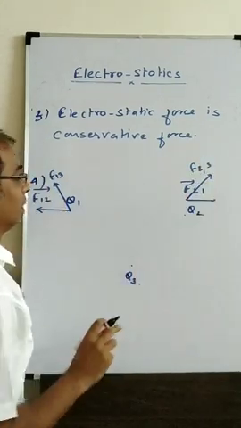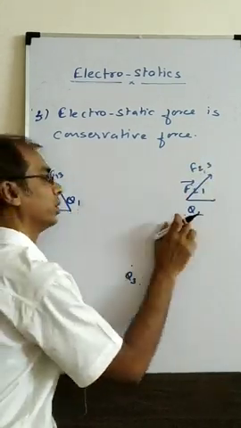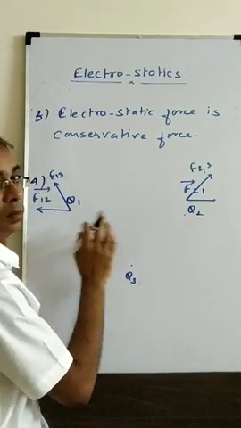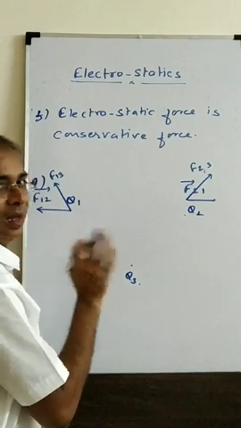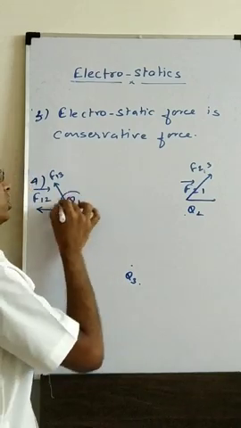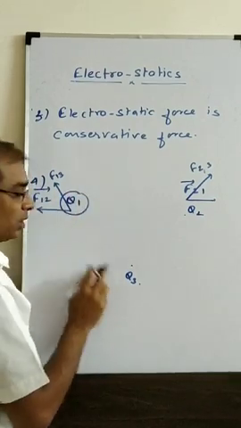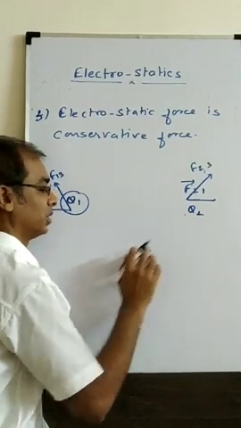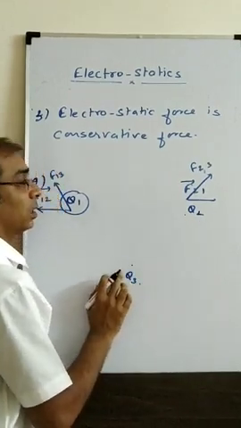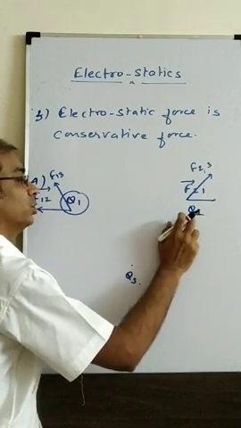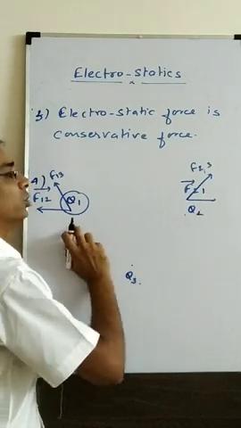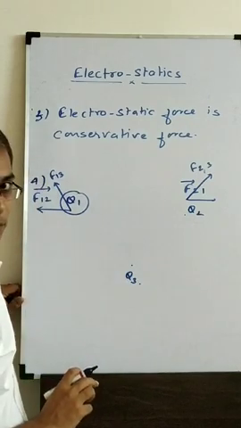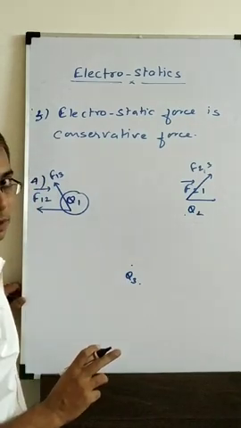But the force due to Q1 on Q2 and Q2 on Q1 will remain same. Again I am saying the net force on Q1 definitely has changed because of the presence of Q3. Net force on Q2 definitely has changed because of the presence of Q3. But force applied by Q2 on Q1 or Q1 on Q2 remains same. It's a very important property.